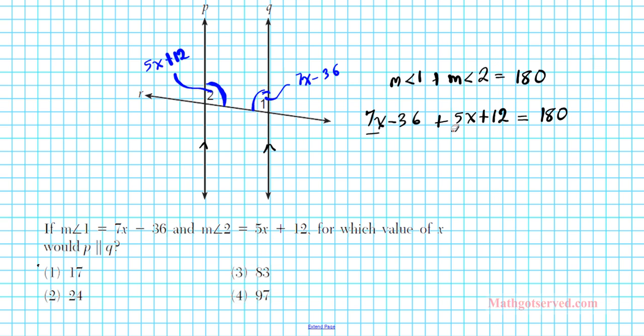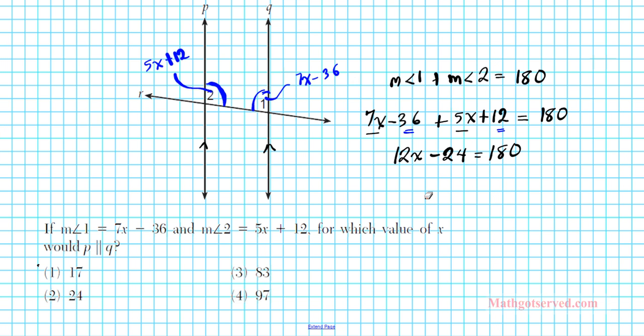So let's combine like terms on the left side of our equation. 7x plus 5x is 12x. And then negative 36 plus 12 is negative 24, equals 180.